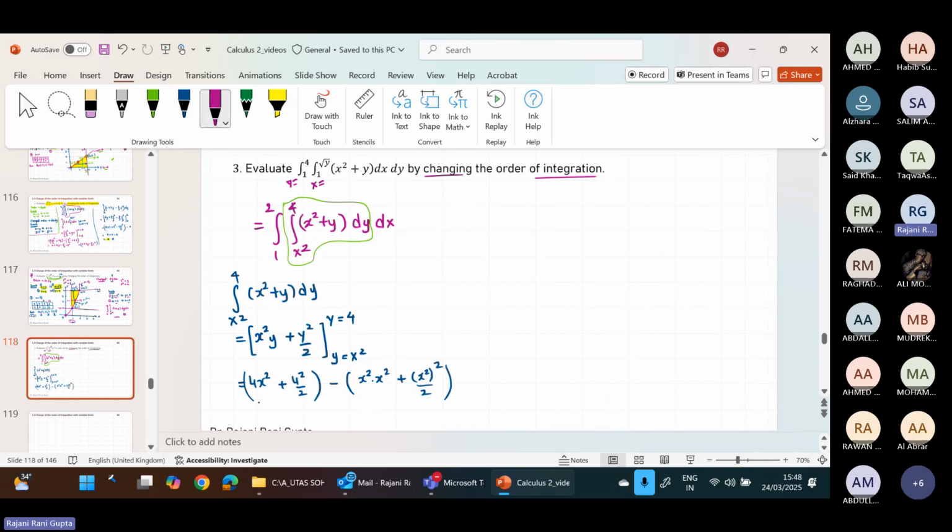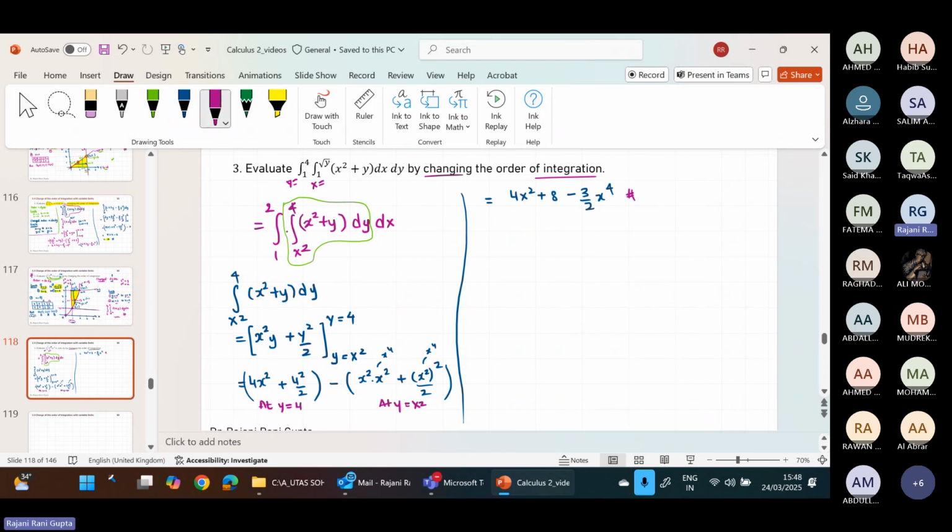This is at y equal to 4 and this is at y equal to x square. Simplifying this will give you 4x square plus 8 minus, this gives you x power 4, this gives you x power 4. So it gives you minus 3 by 2 x power 4.